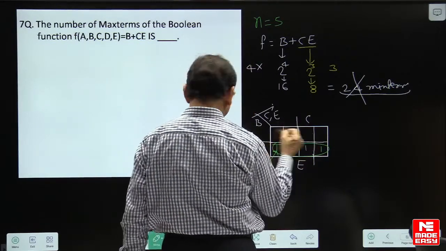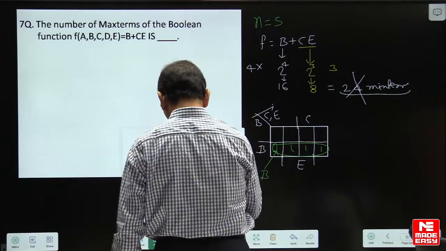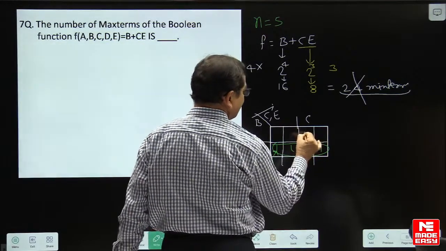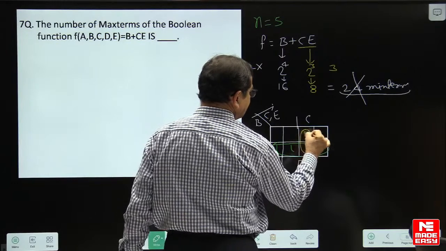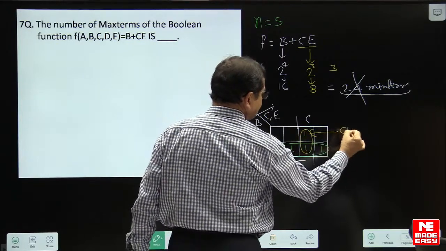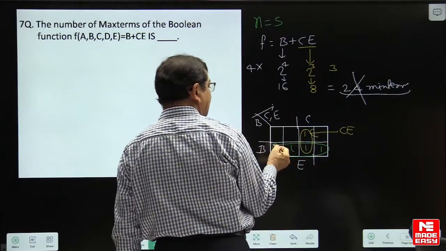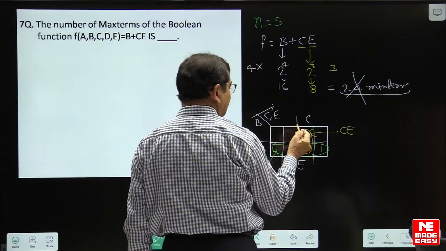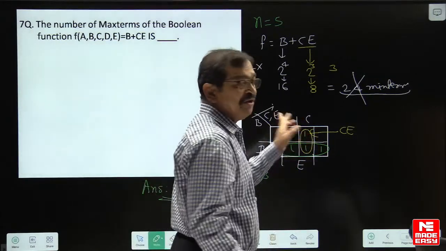Once we have CE, it's a group of 2 cells. Right? It is giving CE. So here we are looking at 1, 2, 3, 4, 5 combinations, which are the min-terms.